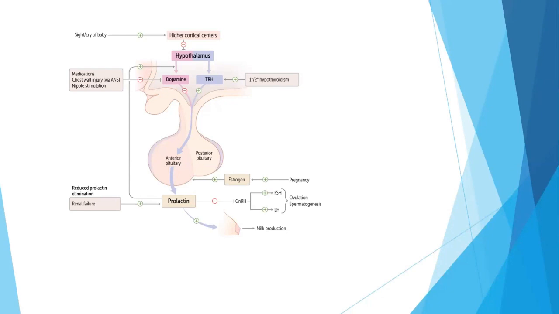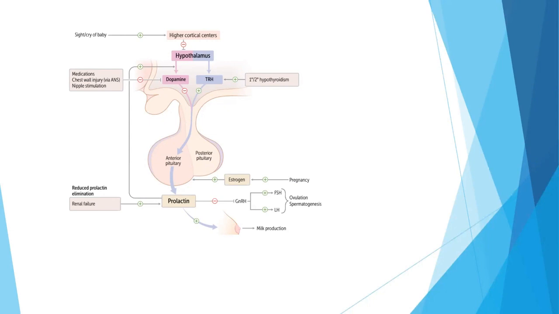The TRH stimulatory action on the prolactin production is increased. So there will be production of prolactin. Also, in case of pregnancy, there is excess estrogen. Now, estrogen will also stimulate the prolactin production. In case of renal failure, there will be decreased prolactin elimination. So also there will be increased prolactin in that case too.